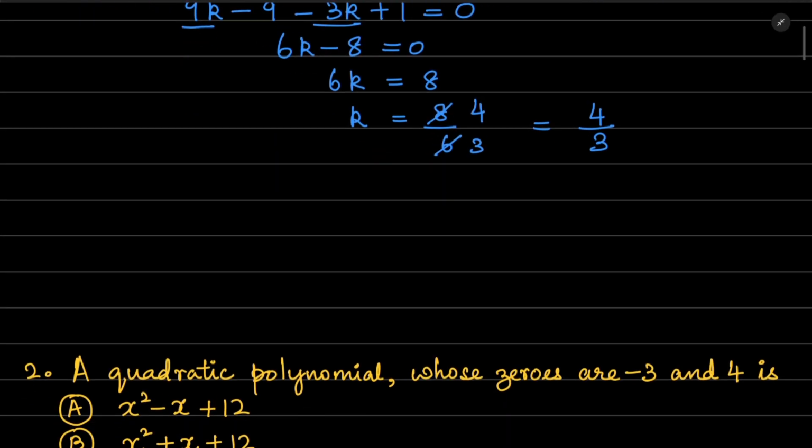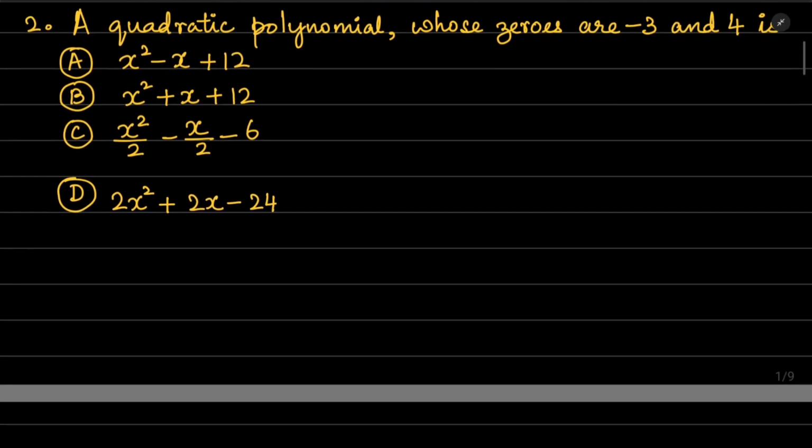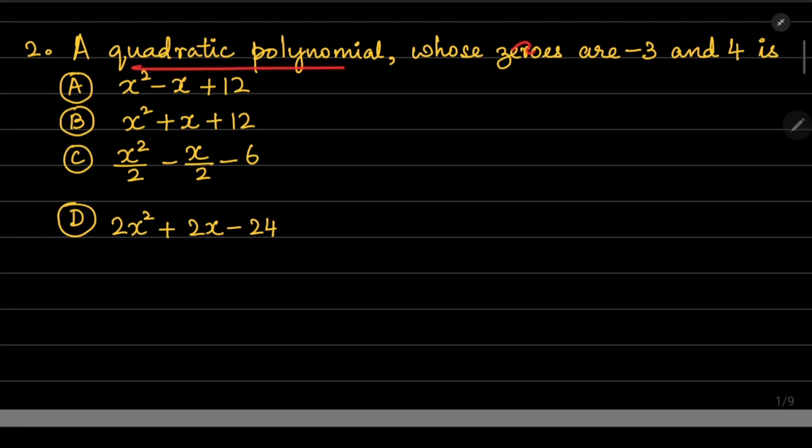Now let's move on to the next question. The question is, a quadratic polynomial whose zeros are minus 3 and 4 is, you have to find out which one. So whenever you are given the zeros, we can find out the sum of the zeros and we can find out the product of the zeros, right?